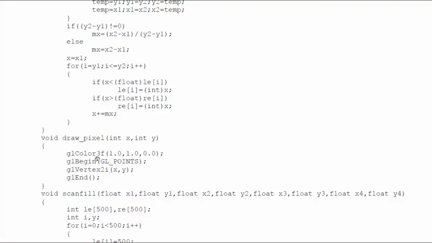It takes 3 arguments, that is R, G as well as B. After you use glColor3f, everything you draw will be in that color. Here the colors R as well as G will be set as 1. Next is glBegin(GL_POINTS), which treats each vertex as a single point.